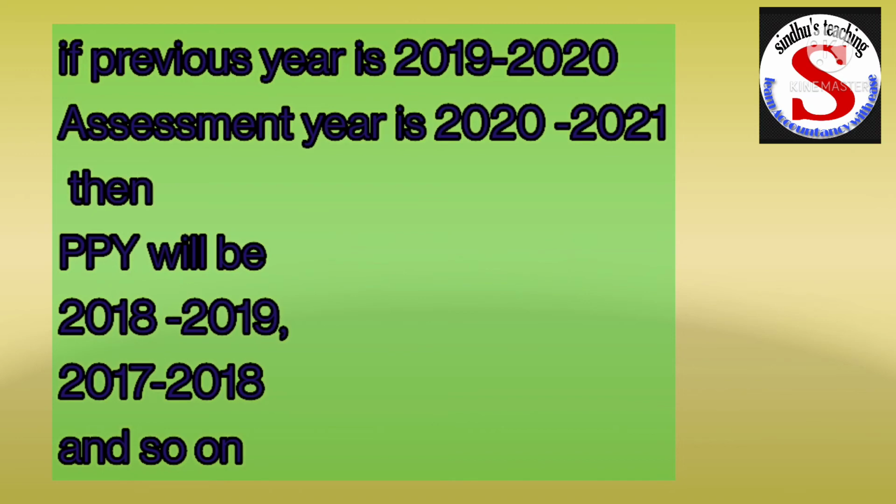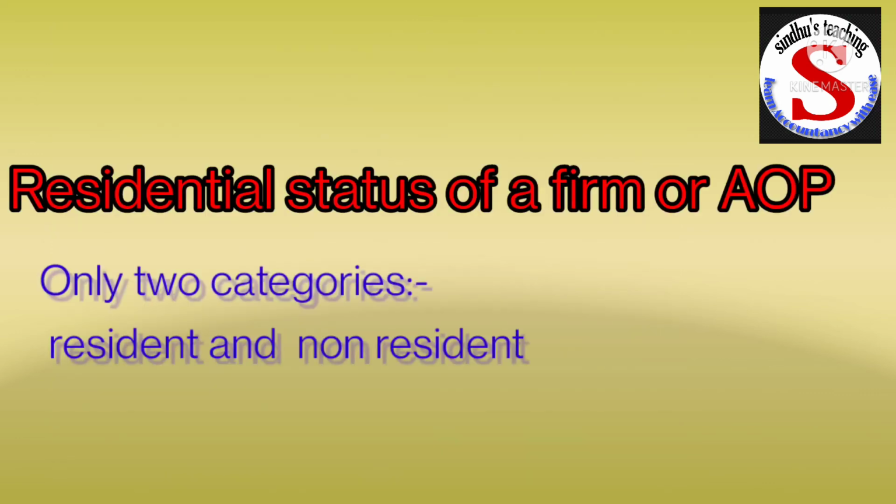Now let us study the residential status of a firm and AOP. In residential status determination for firm and AOP, there are only 2 categories, that is resident and non-resident. There is no not ordinarily resident category. Here also there are some conditions to be fulfilled to be considered as resident or non-resident.